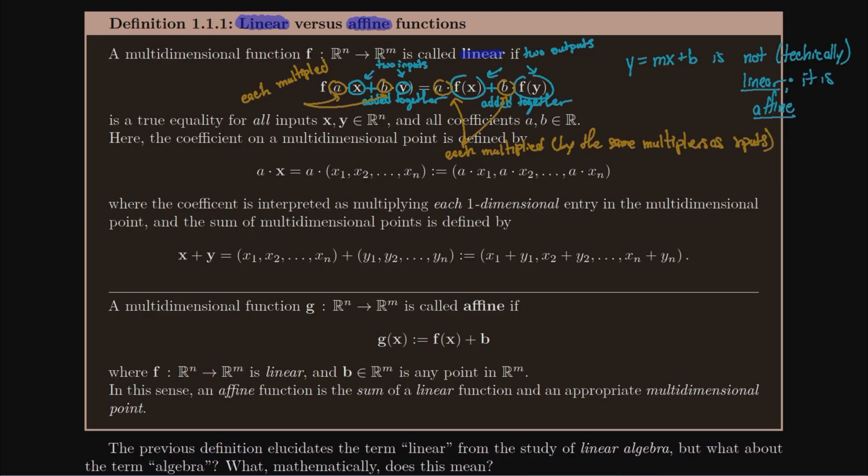Okay, so a and b haven't switched around between these two cases. So that's what it means to be linear, and I'll show you why, using that definition of linear, y equals mx plus b is not considered linear.